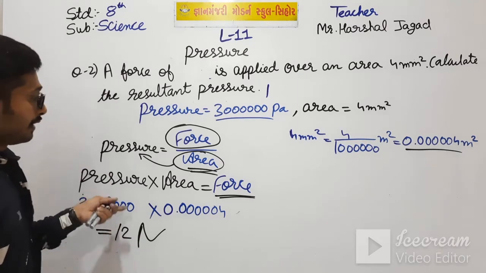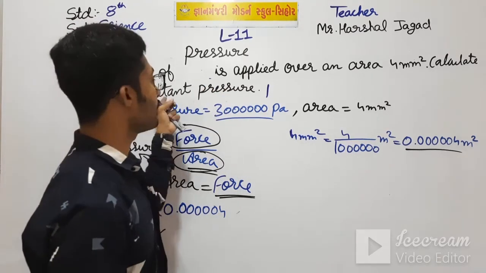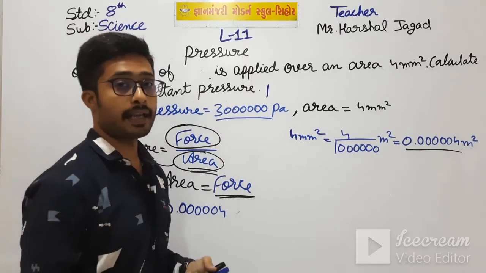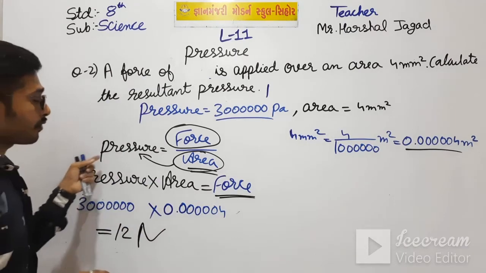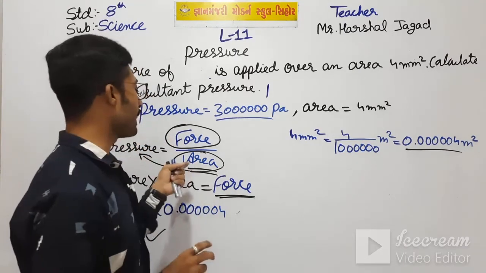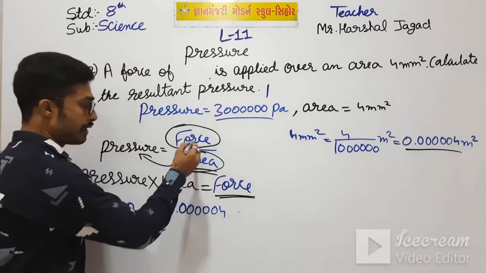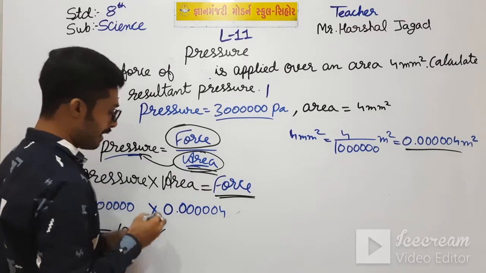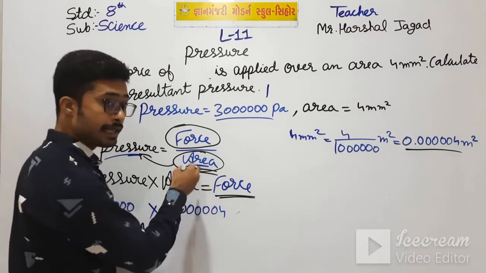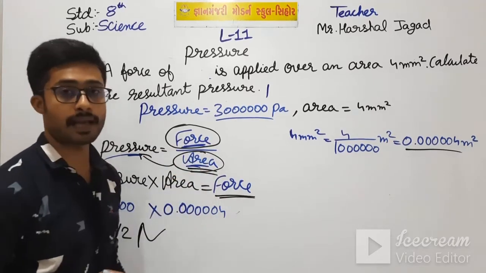So here we have found the resultant pressure, and in exam you may also have to find the force or you have to find the area. In those, if you have to find the force, the value of pressure and value of area will be given, and if you have to find the area, the value of pressure and value of force will be given.